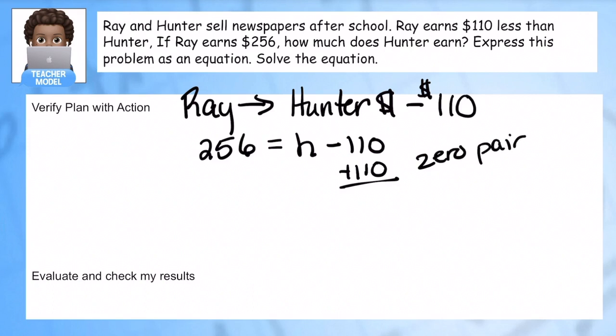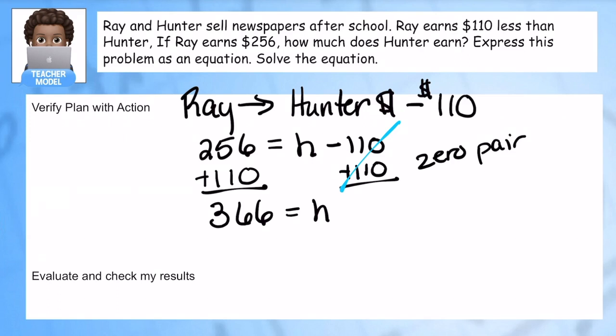And now this goes away because that will make it 0. And it's not that it just goes away, it's just I've added another amount so that the value is 0. So now I'm left only with H on this side. But remember, whatever we do to one side, we have to balance out to the other. And that gives me $366 is equal to H.